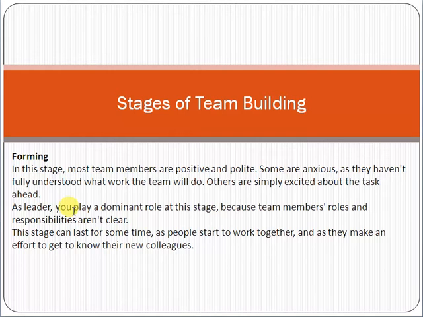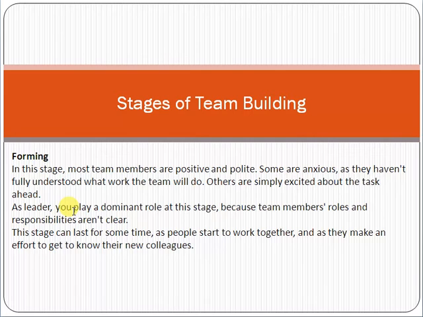At this moment of time, many problems occur. Why? Because most of the people don't know about each other, their behavior, their thoughts, their working style. So it's a forming stage, and many problems and issues arise. Imagine the stage at which the team just starts working.